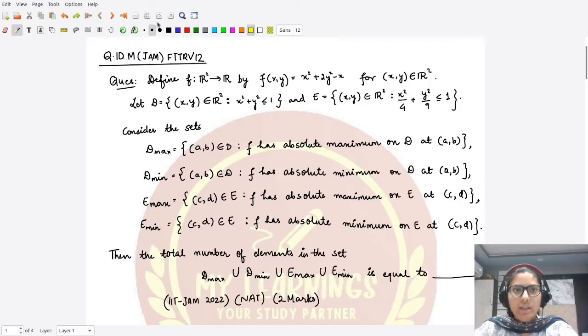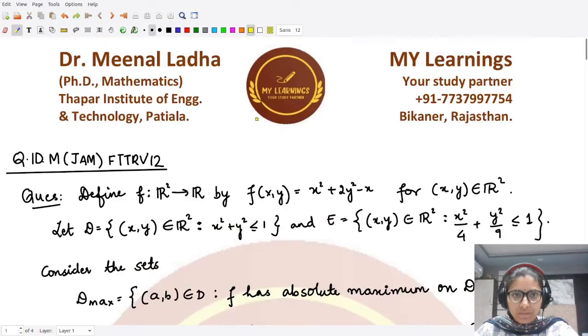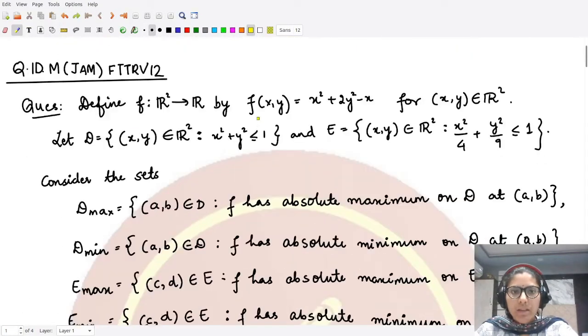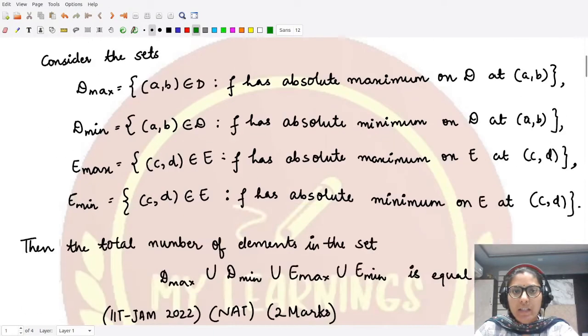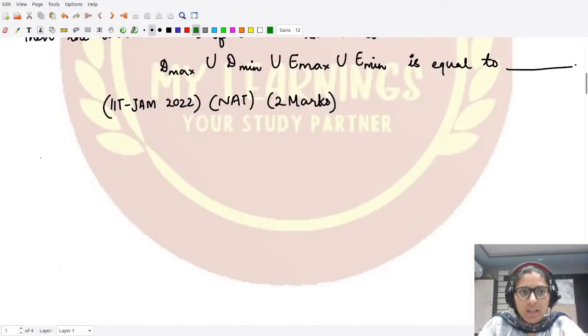So let's get started. First of all, if you remember, whenever we are calculating the absolute maximum and minimum for a certain function, we are calculating the critical values. So for the solution, we have the function f of x y equal to x square plus 2y square minus x.